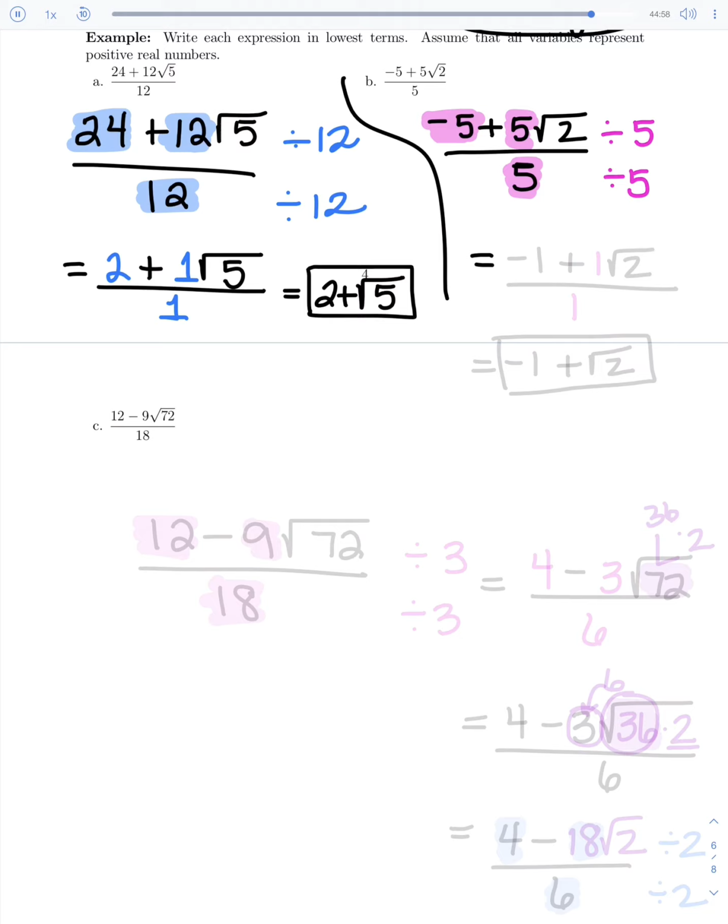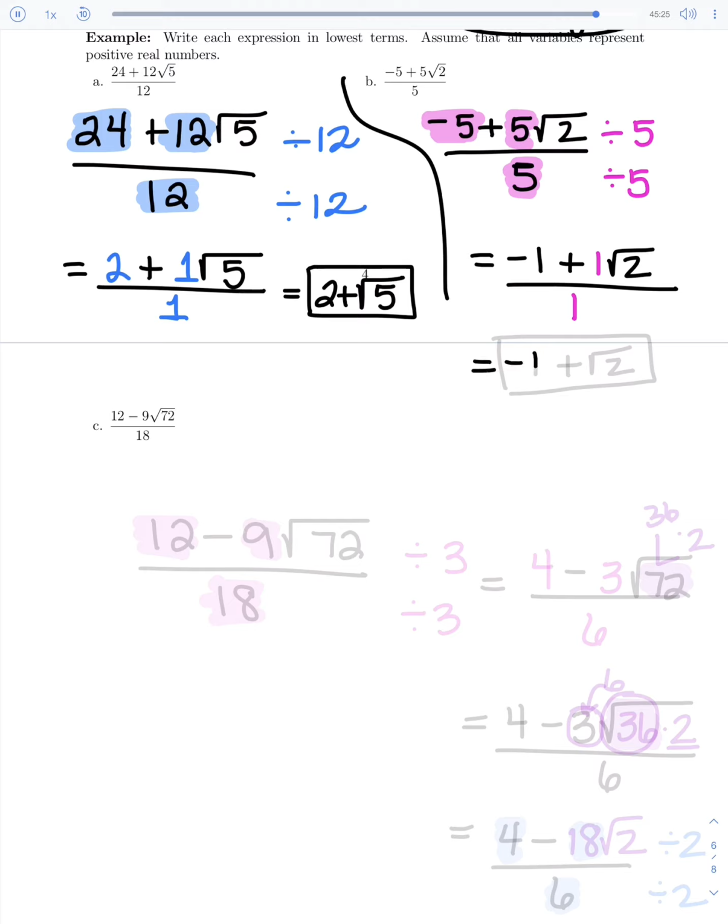Well, 5 will go into negative 5 as negative 1, plus, then we'll also have 5 will go into 5 once as, let's see, the square root of 2, divided by, on the bottom we also have 5 goes into 5 once. Now again, just like the last one, a bunch of these ones do not have to be written.